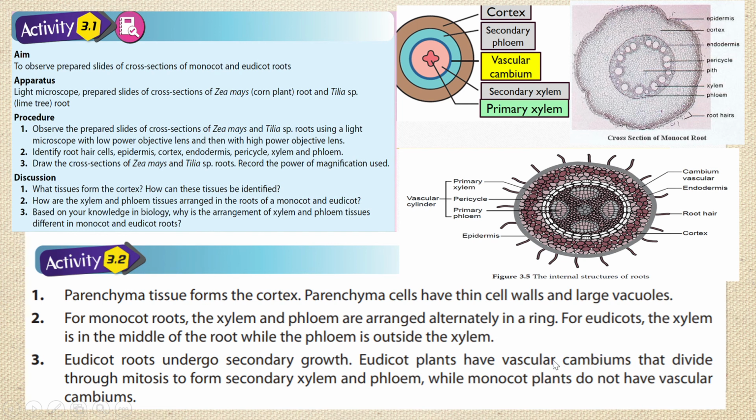So from the vascular cambium, the secondary phloem and secondary xylem will be generated. The cells over here divide through mitosis, forming secondary xylem and phloem. But for monocot plants, most of them do not have this vascular cambium.